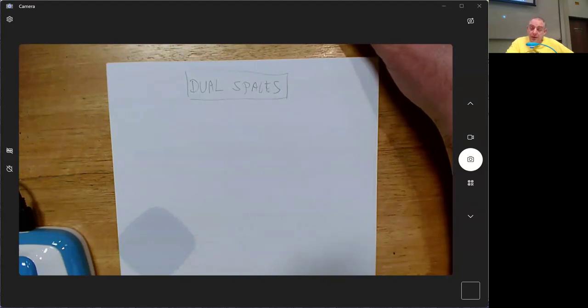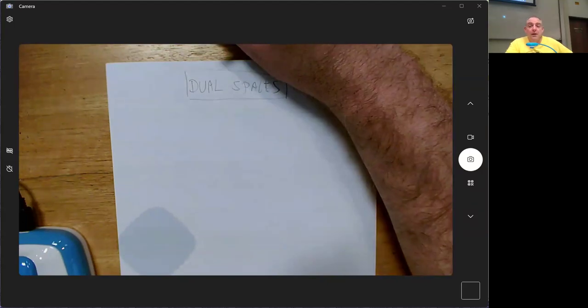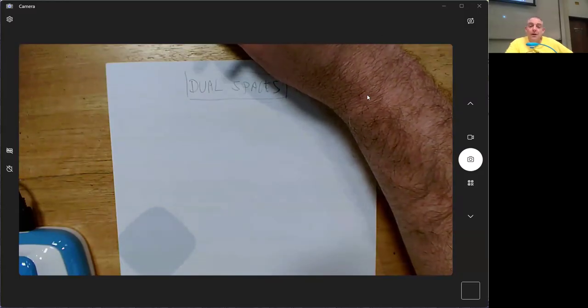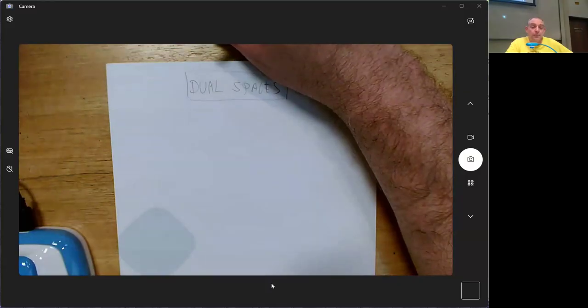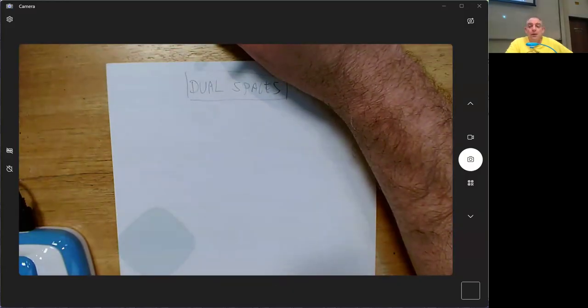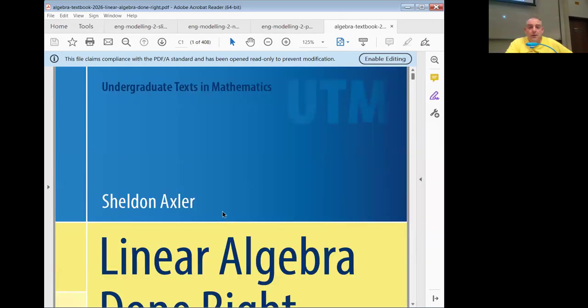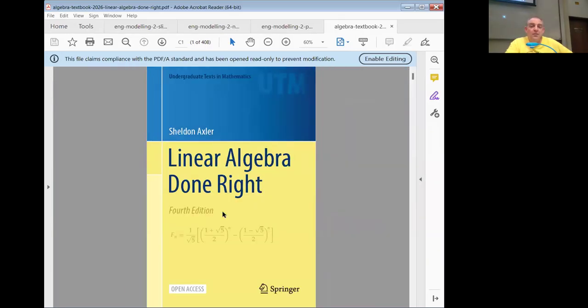I'm going to look heavily at the textbook, and I think it's okay for me to share it with the correct attribution. So I'm going to share the textbook, which is Undergraduate Texts in Mathematics, Linear Algebra Done Right by Sheldon Axler, an open access book by Springer Publisher.